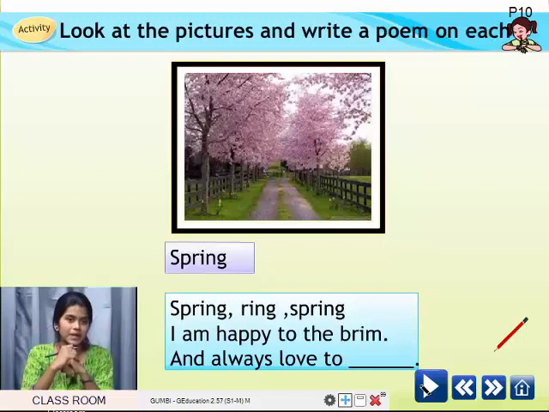Spring, spring, I'm happy to the brim and always love to dash. Tell me a word. It is grin. And always love to grin. Spring, spring, I'm happy to the brim and always love to grin.